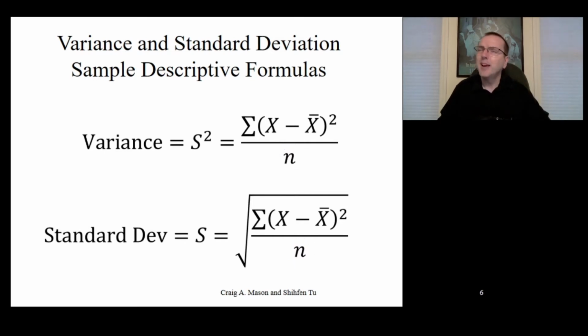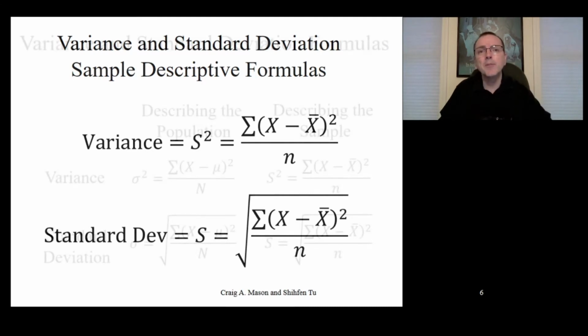Now, dividing by n helps from a conceptual level as we start to understand statistics and variability. But we actually rarely use these formulas with n in the denominator because they're for situations that, well, rarely apply to what we're actually doing.